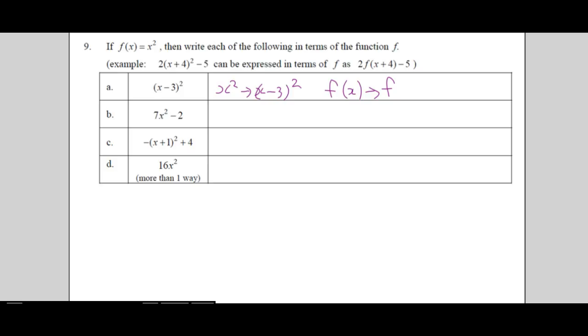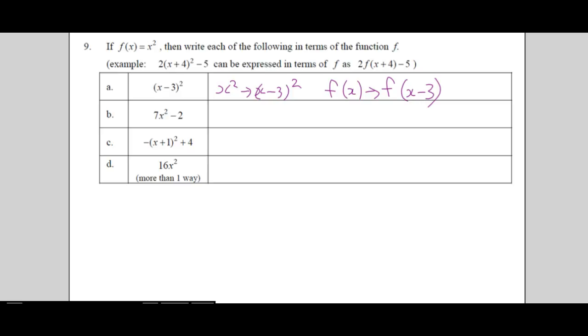No, just f of x minus 3. Not x minus 3 squared, right? Because the f of x says, take whatever's in the parentheses and do what? Square it. So I want to take x squared and have it become x minus 3 squared. But f of x already is x squared. So then we just go f of x minus 3. And what's that going to give us? x minus 3 quantity squared. That's what we want.